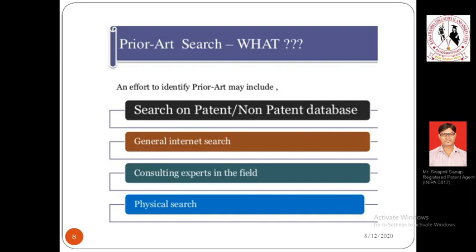Let's take a real-time example about me. I have done my bachelor's and master's in IT, but I'm not working in the information technology domain. So I may not be considered an expert in IT, because even though I have 9 years of experience, I'm not working in this particular field. In contrast, any person who has been working in the field of IPR or IT for more than 3 or 4 years would be treated as a person skilled in the art.